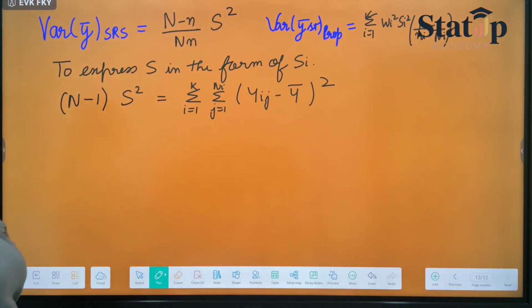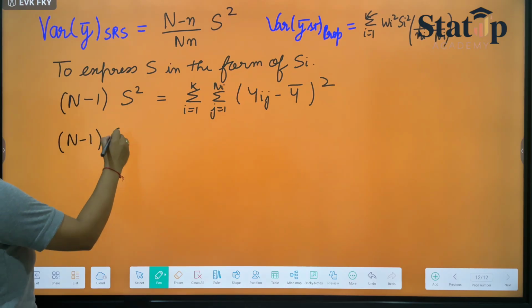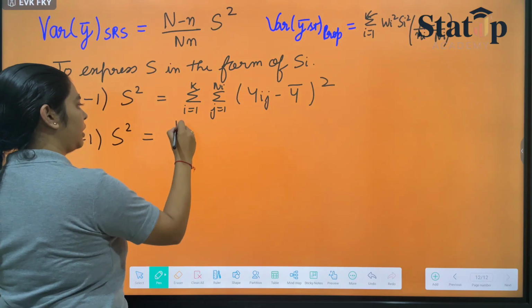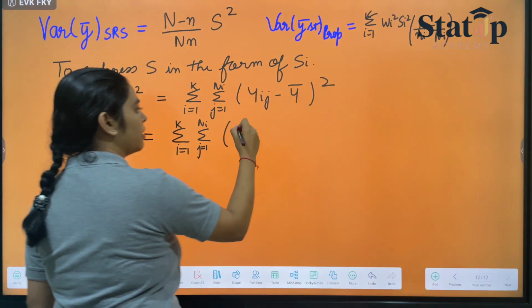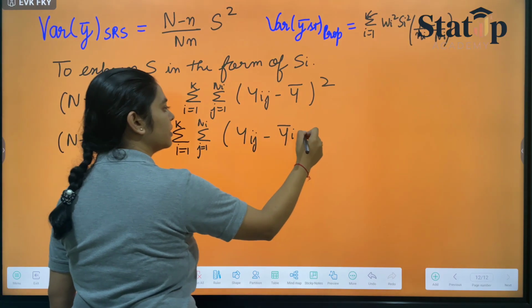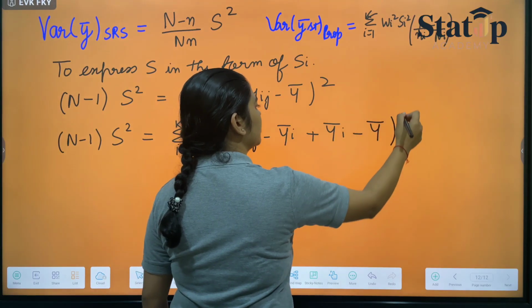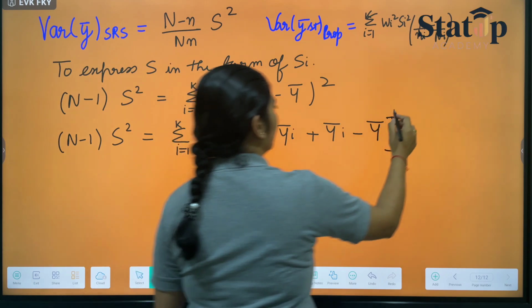This is the formula for variance of stratified sampling. Now we can add and subtract y bar i in this term: summation i goes from 1 to k and j goes from 1 to ni, yij minus y bar i plus y bar i minus y bar whole square.